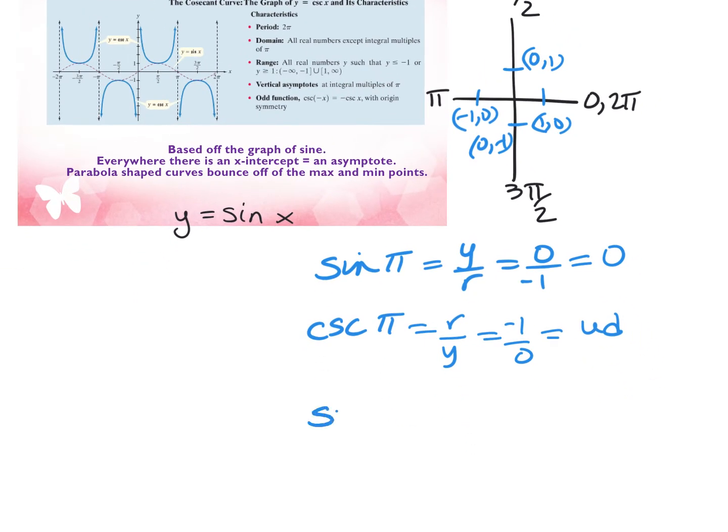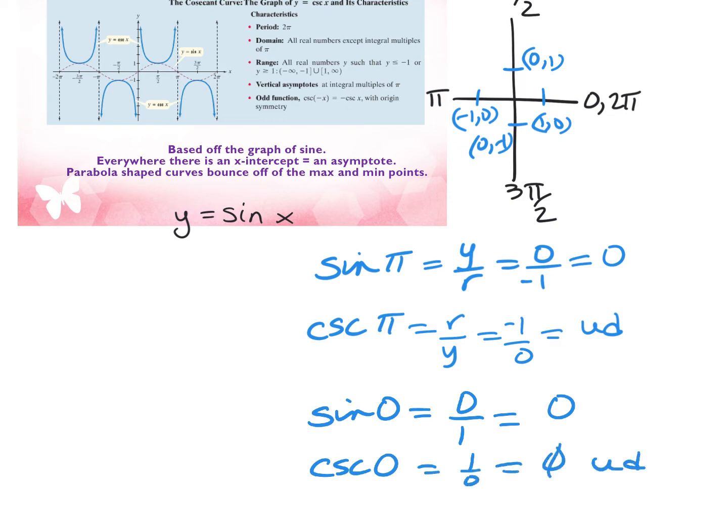When you did sine of 0 radians, that is 0 over 1, which equals 0. But for cosecant of 0, this is going to be 1 over 0, which again is undefined, or no solution. And at both of these points, it's going to be an asymptote.